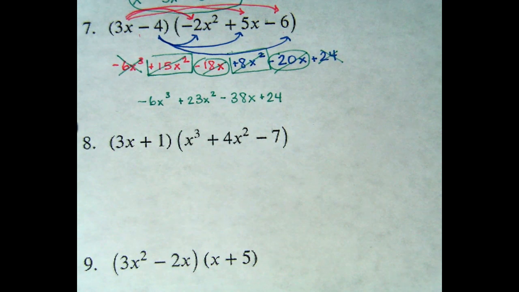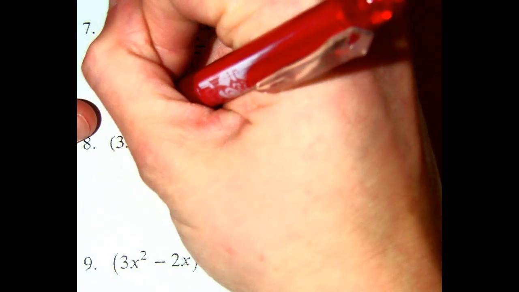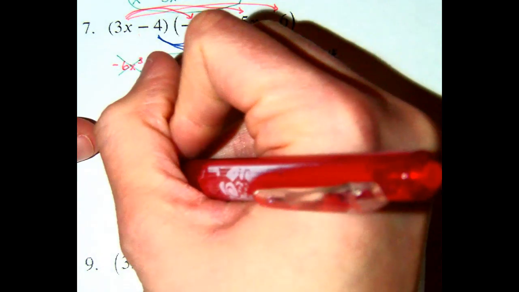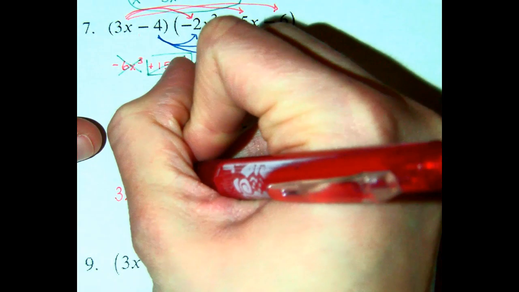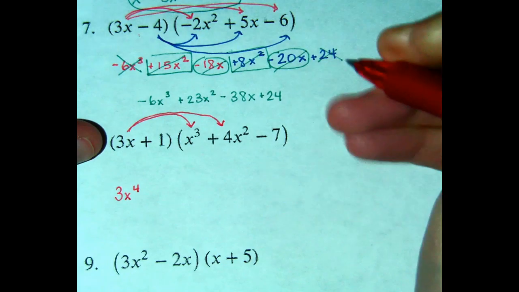Do you guys have time to do number 8 already? Yes, some of you did. Let's go ahead and start number 8 now. Alright, how about 3x times x to the 3rd? Okay. 3x to the 4th, you said? Okay. 3x times 4x squared?